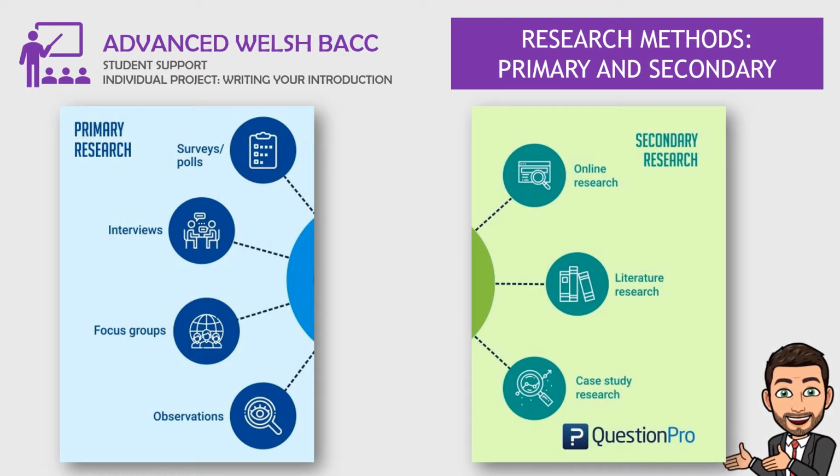Moving on to secondary research, this has changed quite a lot in the last 10-15 years, where literature research, the one in the middle, would have dominated a lot of dissertations at degree level. Now what you find is that online research tends to dominate a lot of the dissertations. Now there's a number of reasons for that.